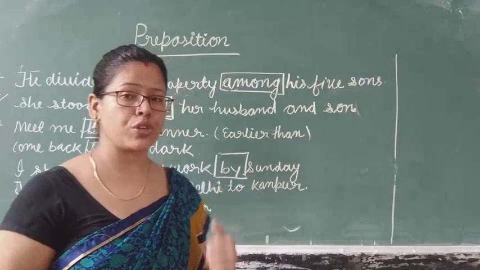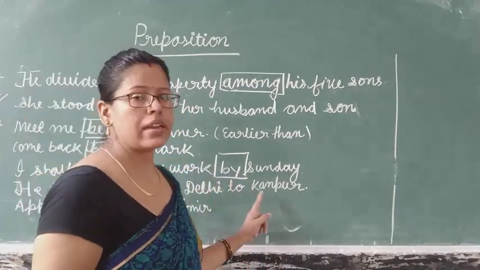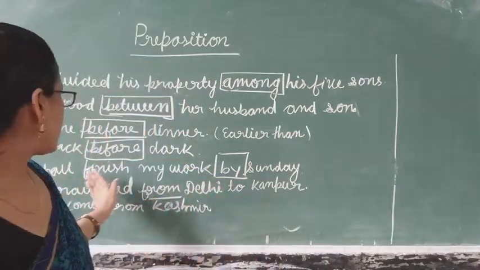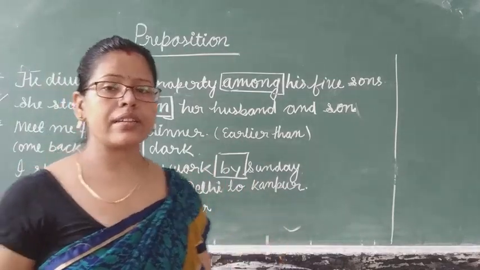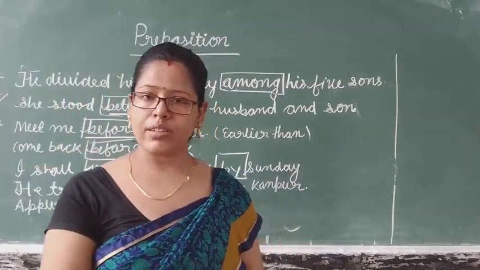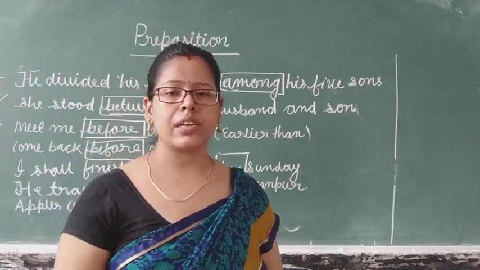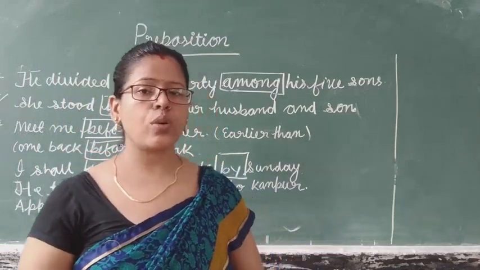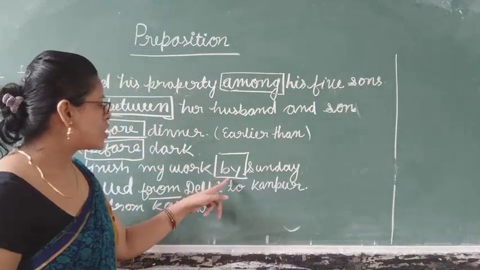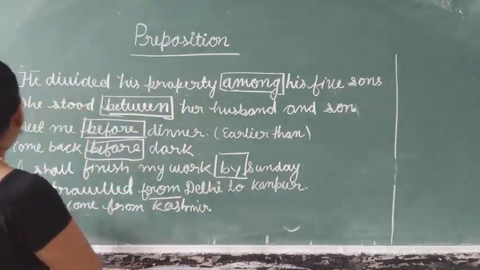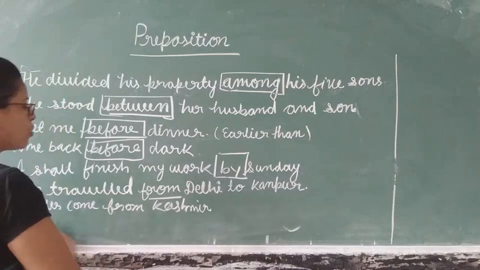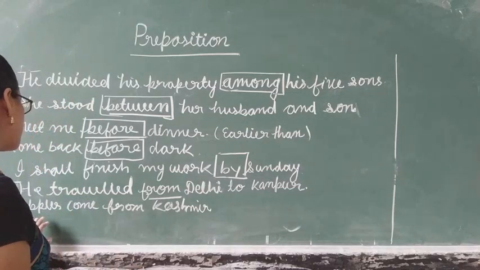In that condition we use the preposition by. I shall finish my work by Sunday. That means Sunday is the deadline. By Sunday, anyhow, I have to complete the work. So in that situation we shall use by.